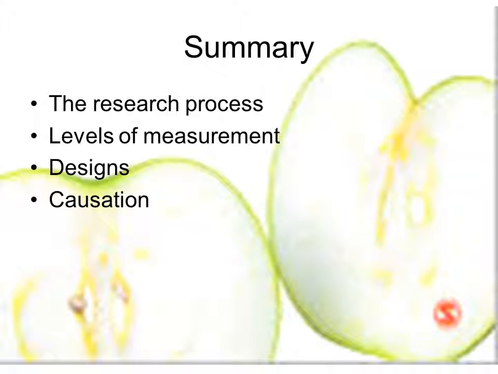So just to summarize, in this chapter, in chapter 1, we talked a little bit about the research process, what goes into it, what's involved with it. We talked about our levels of measurement, which we talked about categorical as well as continuous levels of measurement.